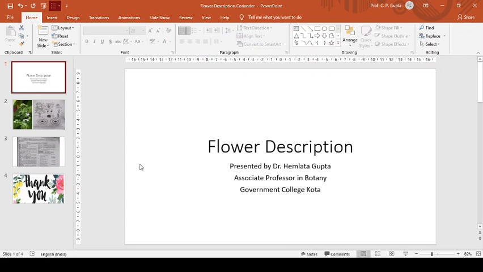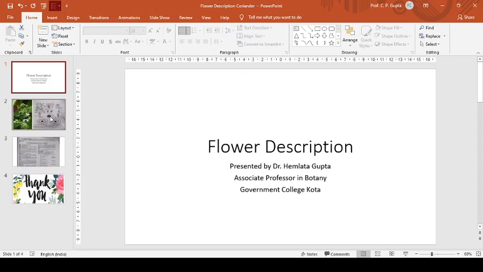Today we will discuss family Umbelliferae and one of the dominant members of this family, Coriandrum sativum. This lecture is from a practical point of view for MSc semester 3 Botany, paper 13, that is taxonomy of angiosperms.